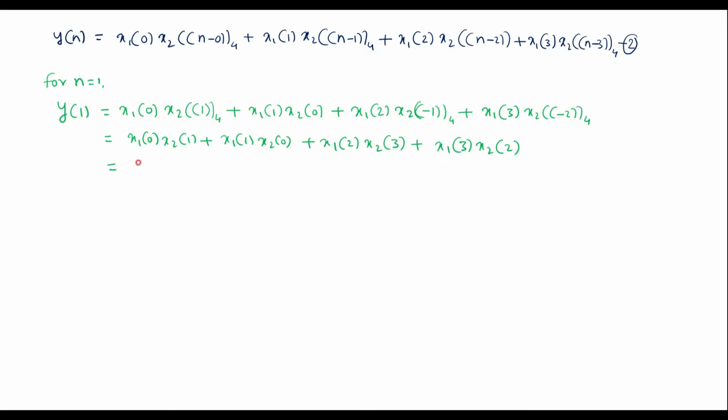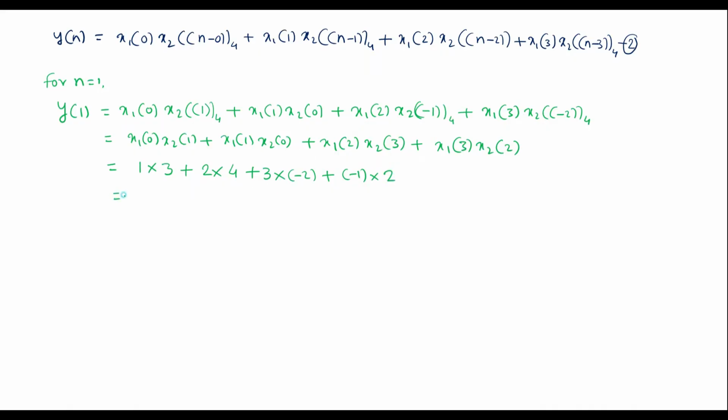x1 of 0 value is 1 into x2 of 1 is 3 plus x1 of 1 is 2 into x2 of 0 is 4 plus x1 of 2 is 3 into x2 of 3 is minus 2 plus x1 of 3 is minus 1 into x2 of 2 is 2.